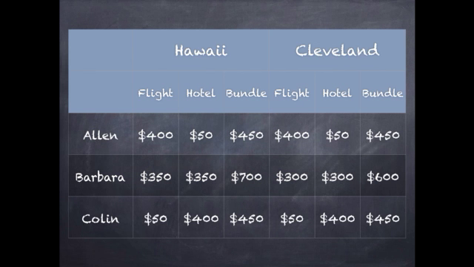Now, if Paradise Vacations decides to charge $400, Colin won't purchase it because that's above his reservation price. Barbara won't purchase it because that's above her reservation price. So the only person who will purchase it is Alan. So charging $400 for that flight will yield $400.